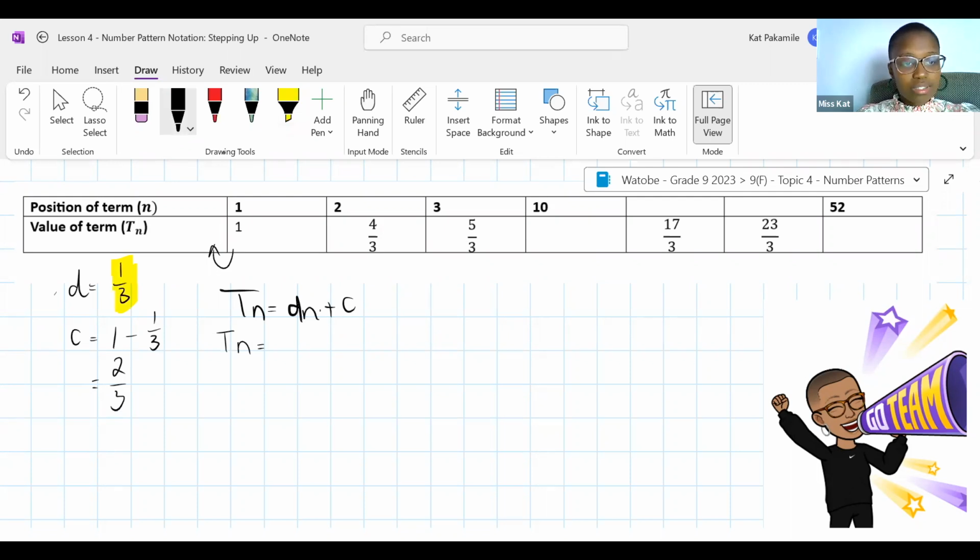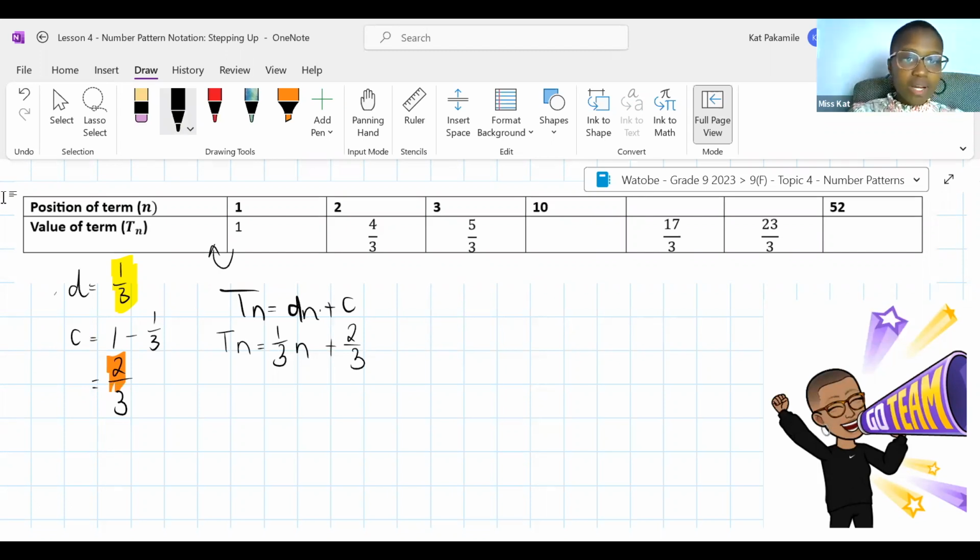Brilliant. So 1/3 n, and in the place of c, it's 2/3. Plus 2/3. That is correct. That was brilliant. It wasn't that bad, né?